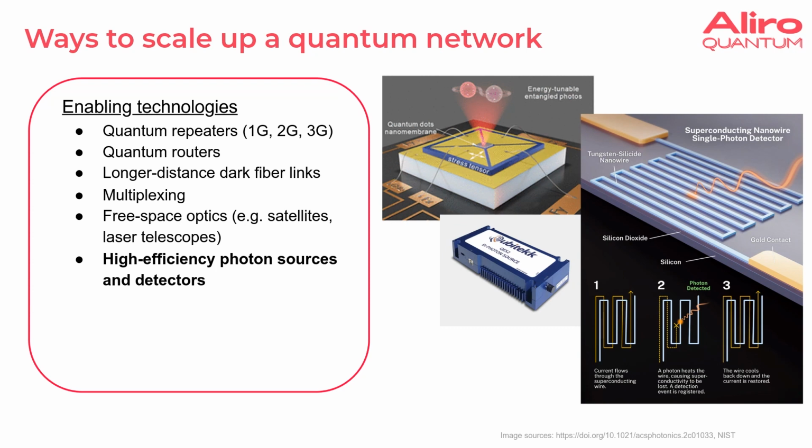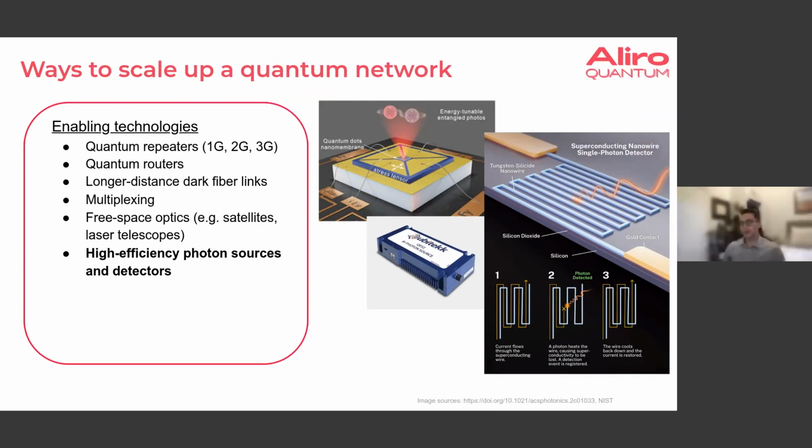Of course, the better our components are in the network, the better the distances and performance we can achieve. Having higher efficiency photon sources and photon detectors will enable us to, on average, make sure our photon gets across the channel and where it needs to get, and we can detect the arrival with more efficiency.